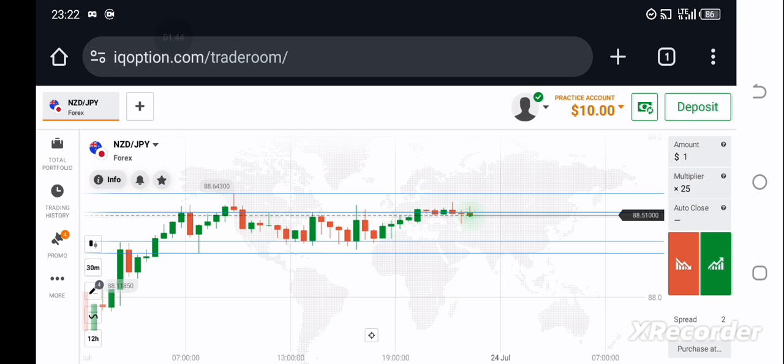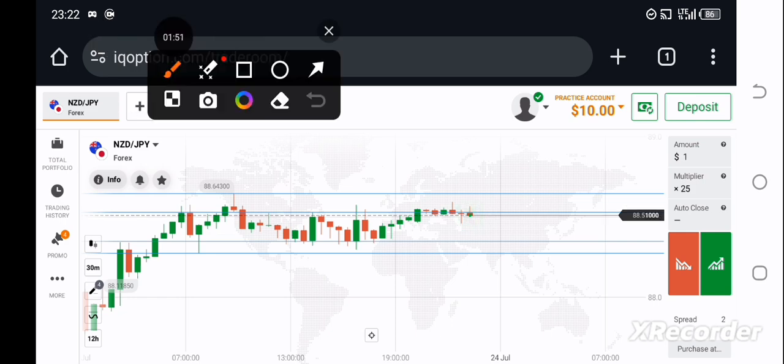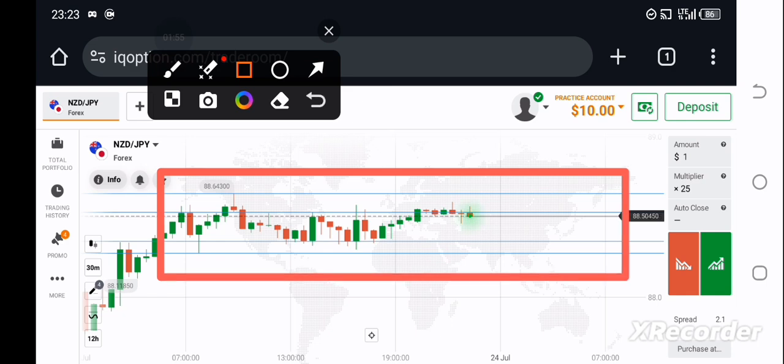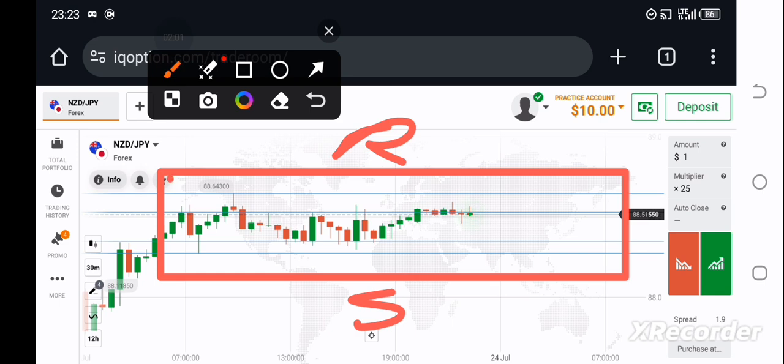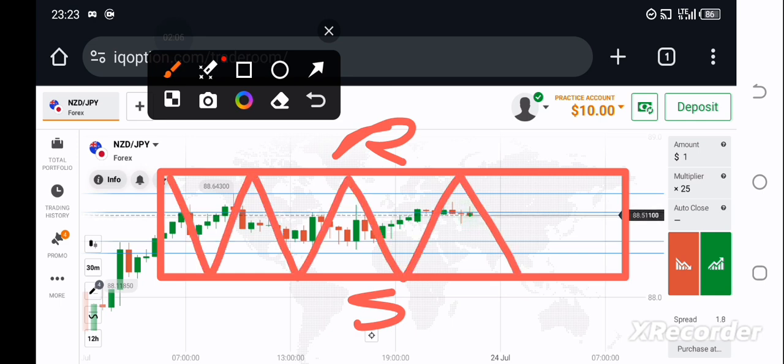So this is an example of a flat market. A flat market, like the market is moving within a box. Like, for example, this is our support and resistance level. This is resistance rather, and this is support. And then the market is moving like this. It goes up, down like this. So this is a flat market. This is an example of a ranging market.